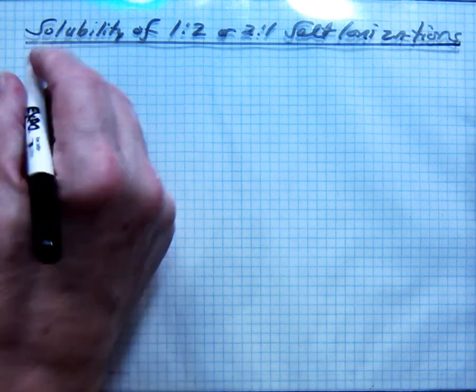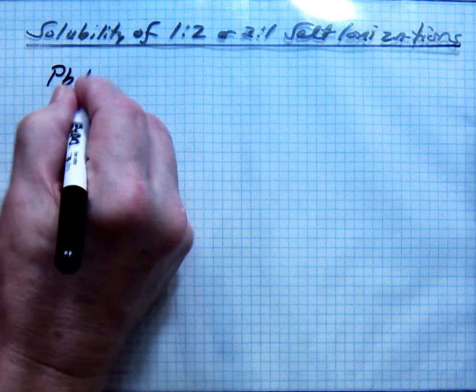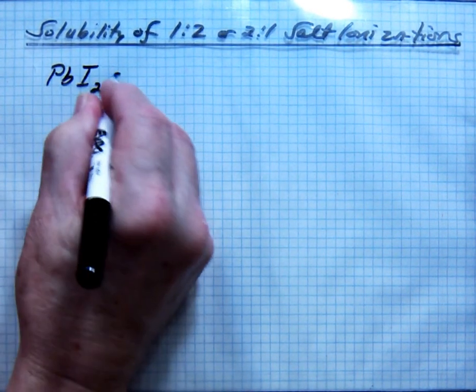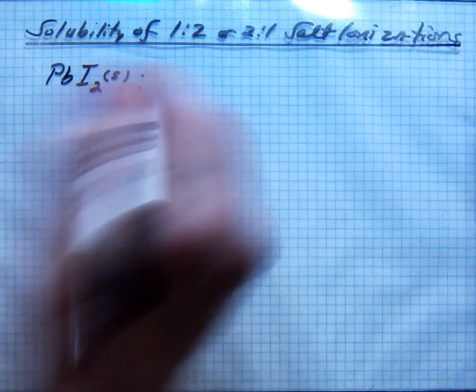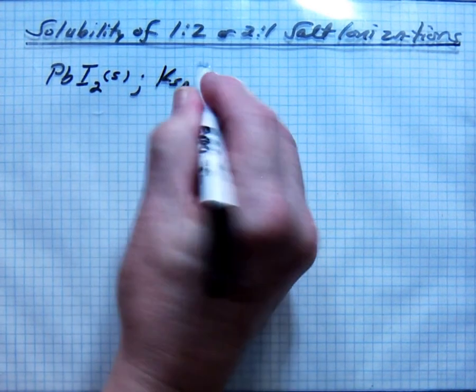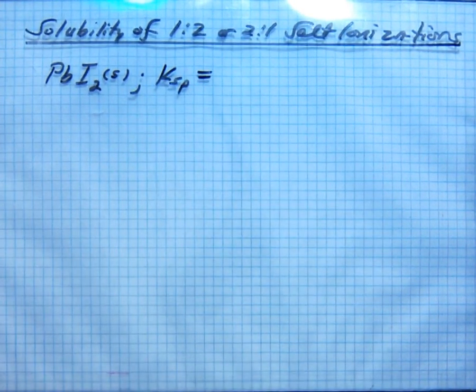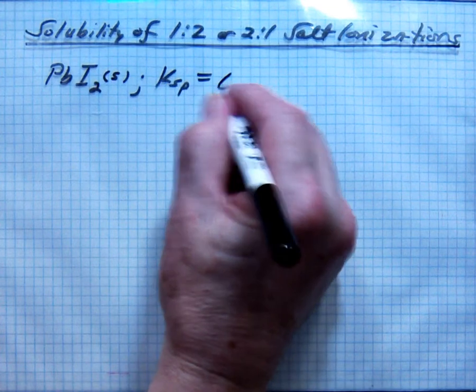So using lead iodide, and it's a solid, its KSP is given as 6.5 times 10 to the minus 9.